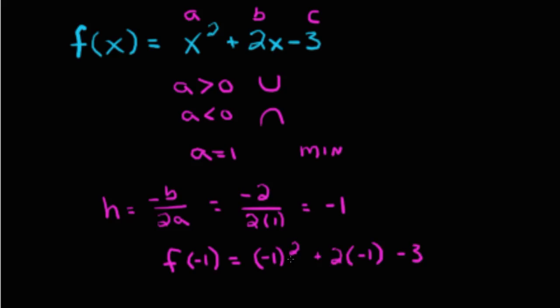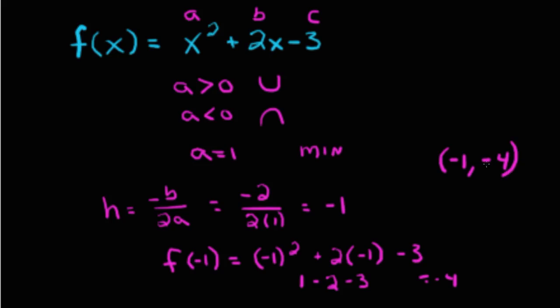So negative 1 squared is 1. 1 minus 2 minus 3. So 1 minus 5, that's negative 4. So the coordinates of the minimum point is negative 1 and negative 4.